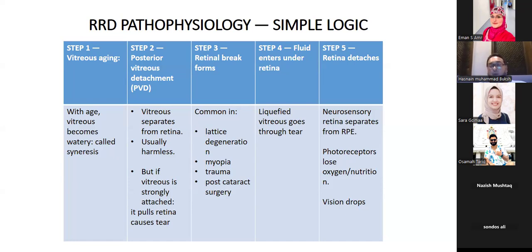As a result, when some counter-coup movements come into play, the retinal break is created. So that is the catastrophe beginning point. Once the retinal break is created, the fluid which is already present in the vitreous starts seeping through that particular break and starts detaching the neurosensory part of the retina from the retinal pigment epithelium.